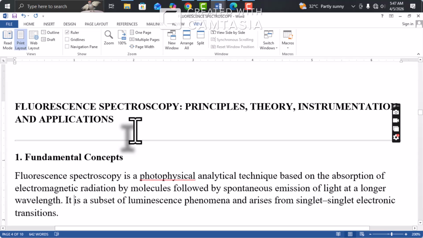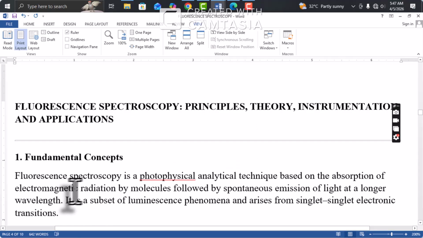Fluorescence spectroscopy is a photophysical analytical technique based on the absorption of electromagnetic radiation by molecules, followed by spontaneous emission of light at longer wavelength. First of all, this technique is based on the absorption of electromagnetic radiation.